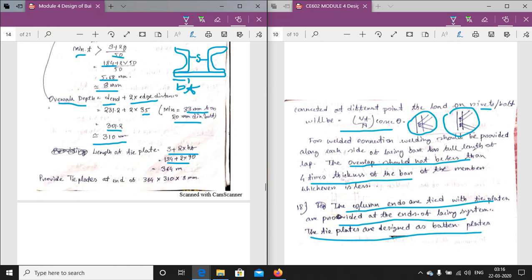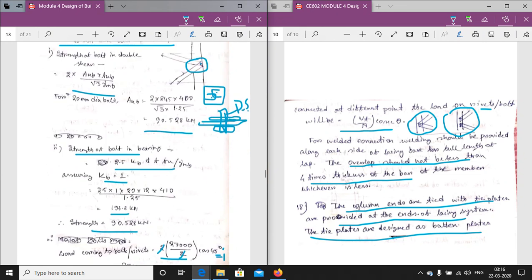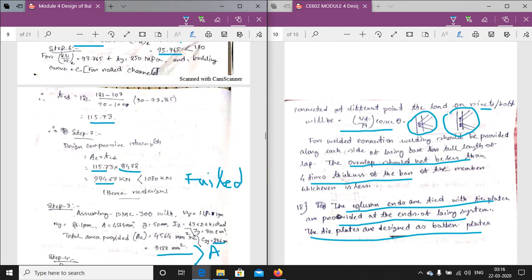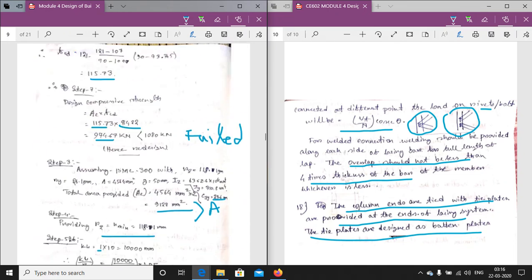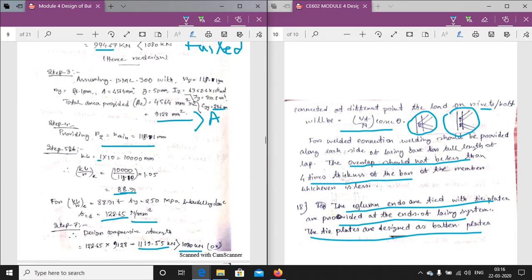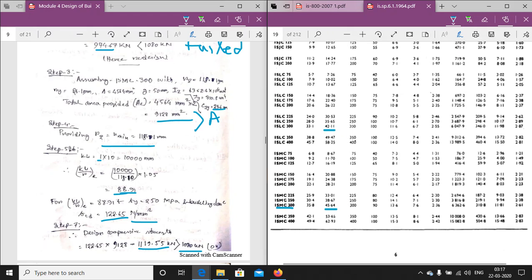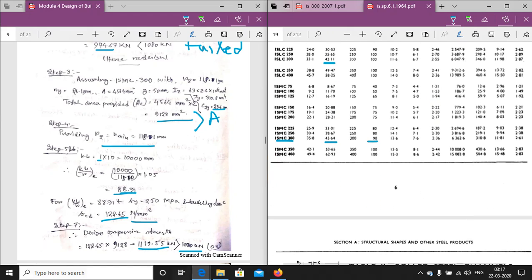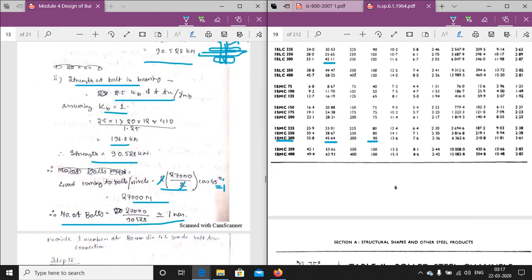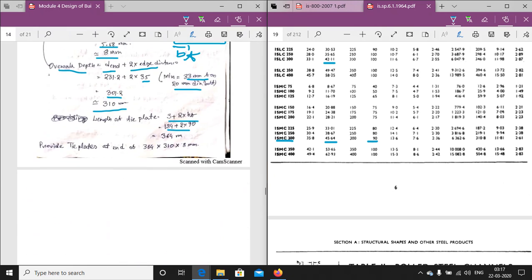So 184 plus 2 into 90, where 90 is the BF of this member. We can see the value in the code, for ISMC 300, BF is 90. Putting the value here, we get the end plate length to be 364 mm. So providing tie plate at the end of 364 into 310 into 8 mm.